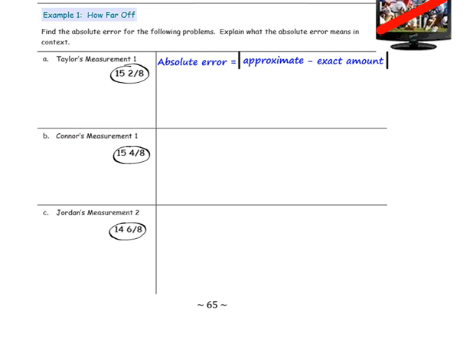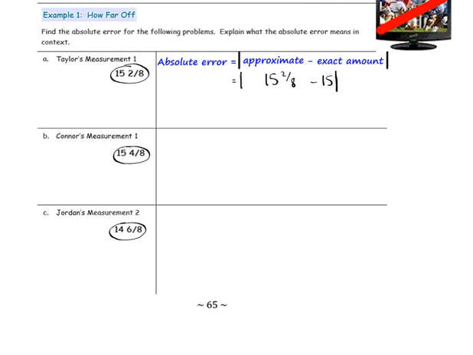So in this example, the exact amount is 15 inches. And we know it's 15 inches because that is what it says on the box from the people who made the TV. So the approximate amount is 15 2/8 inch. When you subtract that, you get 2/8. And the absolute value of 2/8 is 2/8.